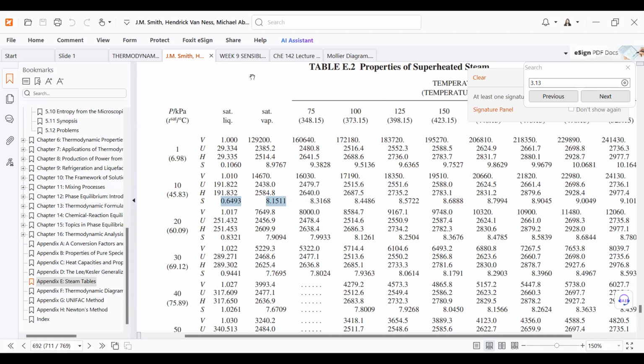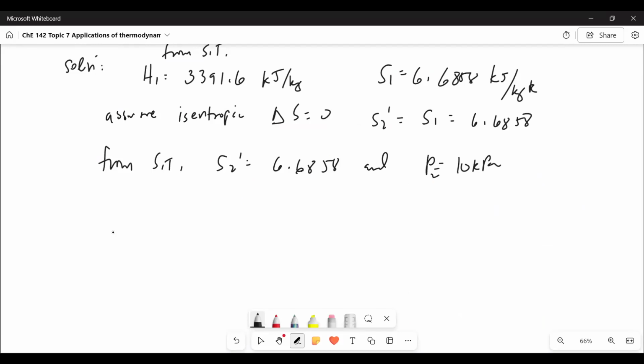So from our equation, or lever rule, the book calls it the lever rule, S2 prime is equal to S2 of the liquid times 1 minus x plus S2V times x. S2 prime is 6.6858.